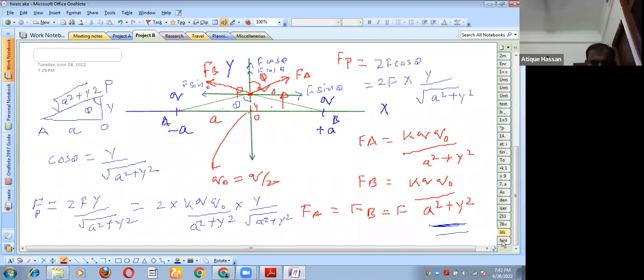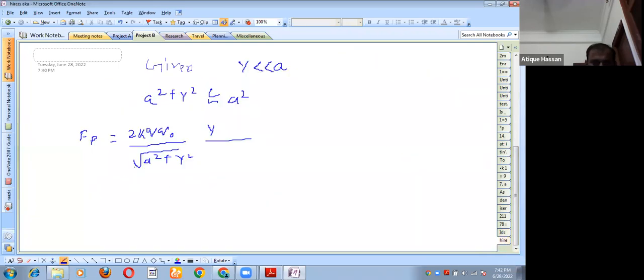It was y of a square plus y square into it was under root a square.